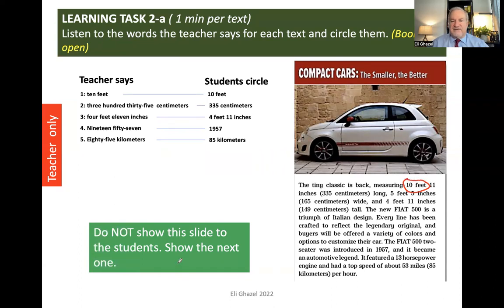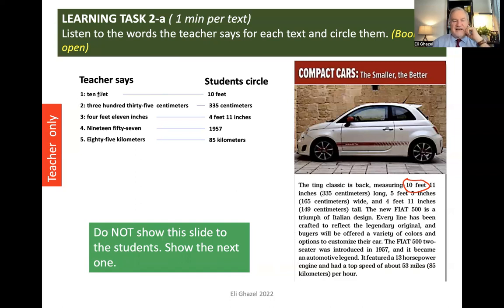The teacher will say 335 centimeters. Now remember, we said that in the IELTS listening and reading, there are always numbers and measurement units. So the students need to get used to those.